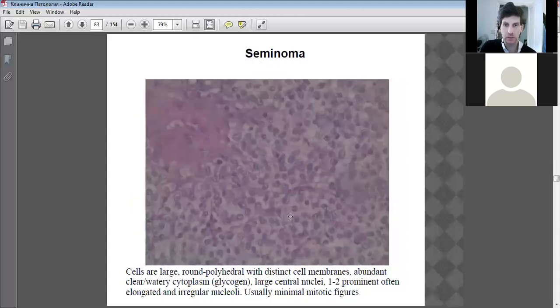Here's a better slide where you can see the nucleoli within the nucleus. Good cell membrane, elongated cell membrane there. Fibrous tissue, some strands of fibrous tissue.